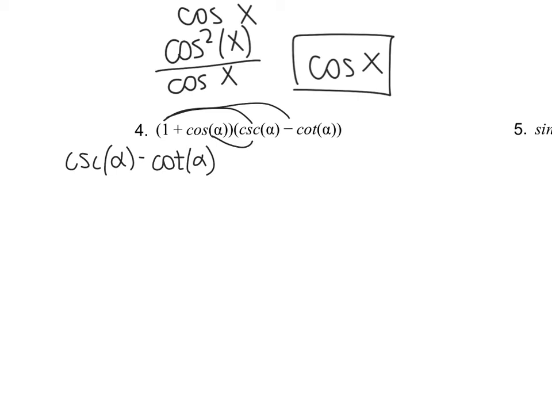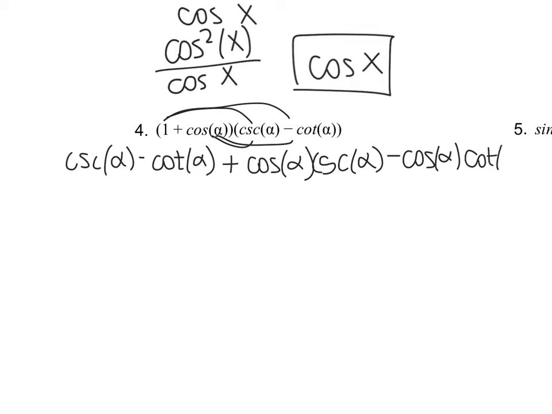We then have cosine times cosecant, so we get cosine alpha times cosecant alpha, and then cosine times a negative cotangent, so negative cosine alpha cotangent alpha. Now I can go ahead and rewrite everything in terms of sine and cosine.